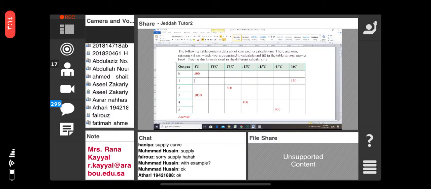Let's start. How do we start this table?